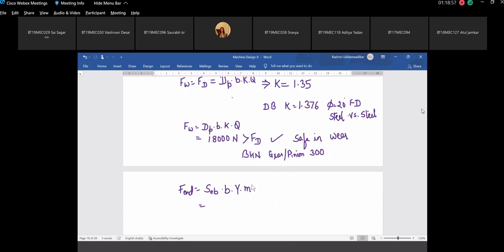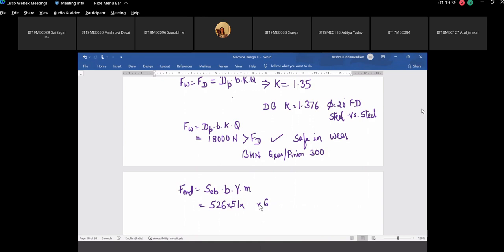And for this BHN 300, what is the reverse bending endurance limit in megapascals? Table 16.9. It is 526, right, Piyush? So use this value, 526 megapascals, into B is 15, into Y, whatever it is, into M is 6.